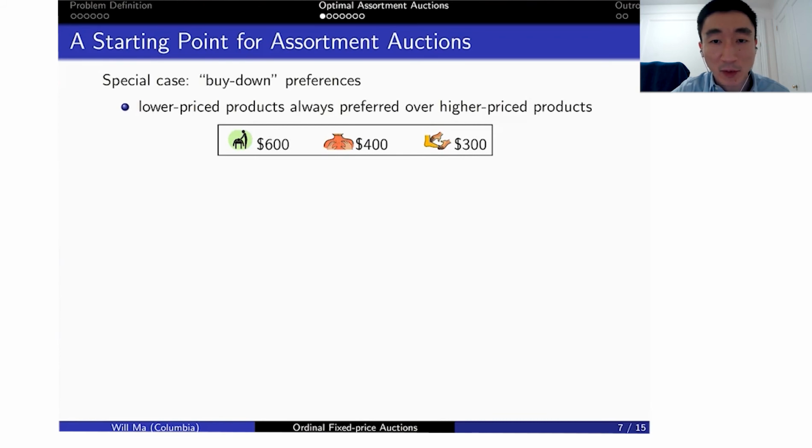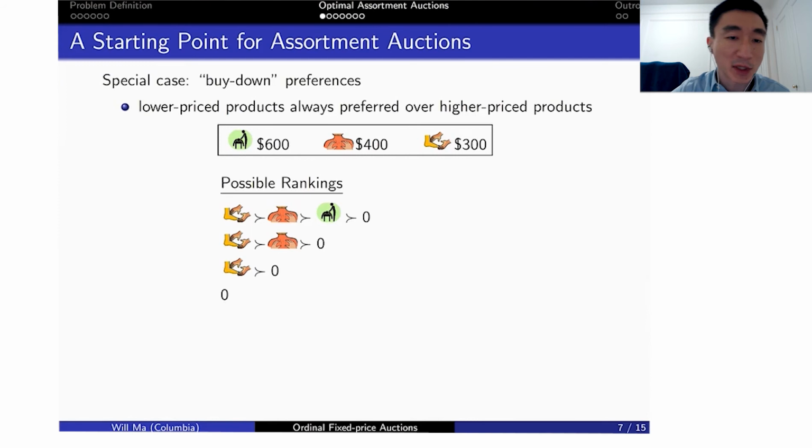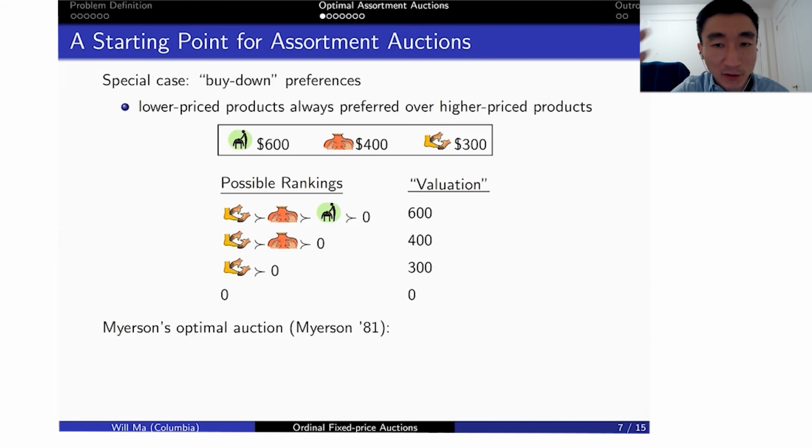So in this example with the 3 types of massage, suppose the only possible rankings were that customers prefer lower priced products over higher priced products up to some maximum willingness to pay. In this case, each of the possible rankings is equivalent to a valuation. And a distribution over lists that are restricted to this support is actually equivalent to a valuation distribution.